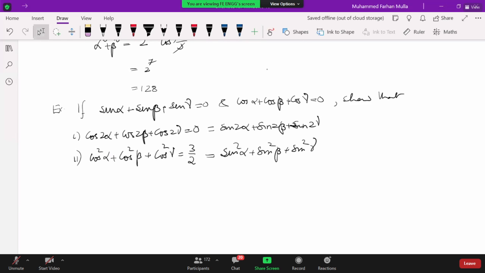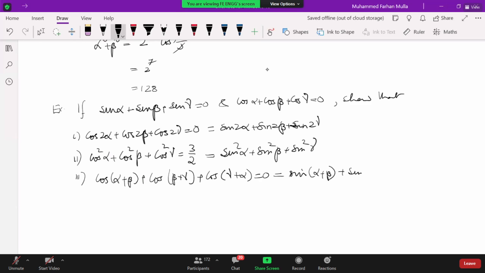And then we may have cos of alpha plus beta plus cos of beta plus gamma plus cos of gamma plus alpha is equal to 0, and also sin of alpha plus beta plus sin of beta plus gamma plus sin of gamma plus alpha, this is also equal to 0.